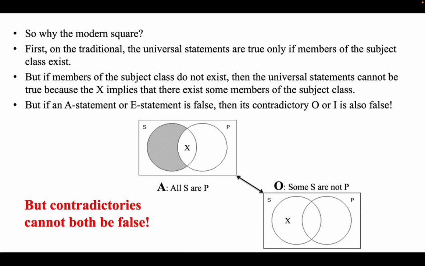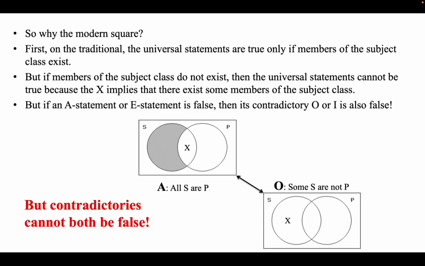You see, if I say that all Martians are blonde, according to the traditional interpretation, the one that has an X that makes an existential assumption, the A statement would be false, because it is false that there exist Martians and all of them are blonde. So the A proposition would be false.